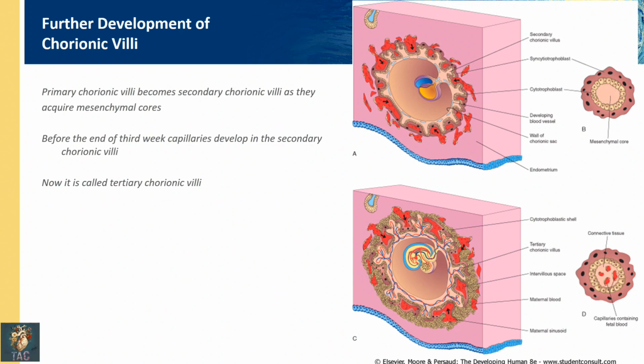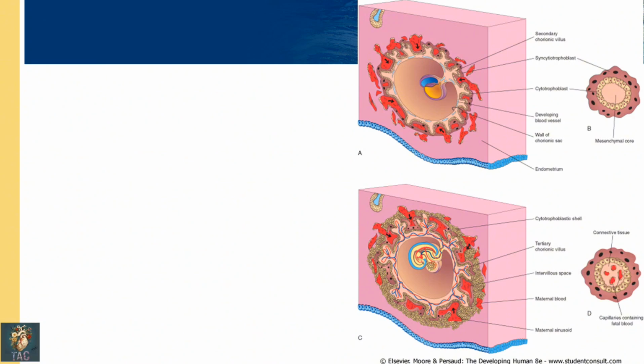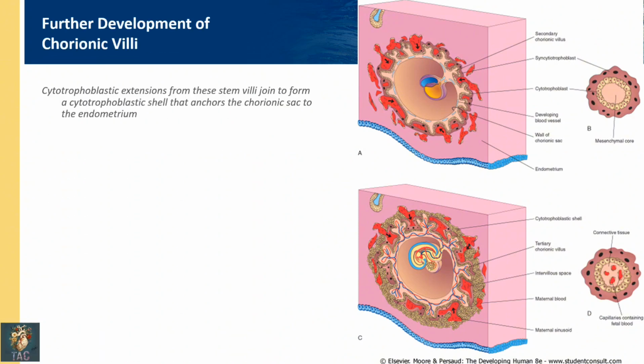Then further development of the chorionic villus takes place: the cytotrophoblastic extensions from these stem villi join to form the cytotrophoblastic shell that anchors the chorionic sac to the endometrium. In this diagram you can see these yellow cells. These are the cytotrophoblastic cells.